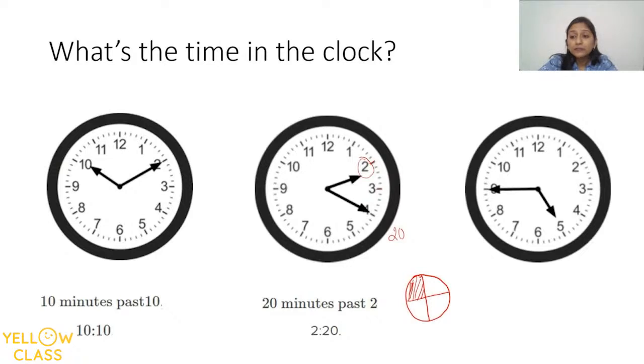So this is 4:45 or quarter to 5. Yes, still 15 minutes are remaining for 5 o'clock to happen, right? So that's why we say a quarter to 5. So here, a quarter is basically 15 minutes, and we are subtracting 45 minutes from 60, and that's how we get 15 here.